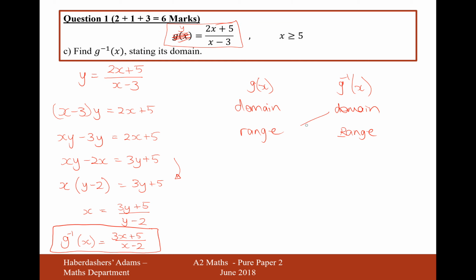So they cross over. This is equal to this, and this is equal to this. So the domain for this function is going to be x is between 2 and 7.5. That's the domain for the inverse function.